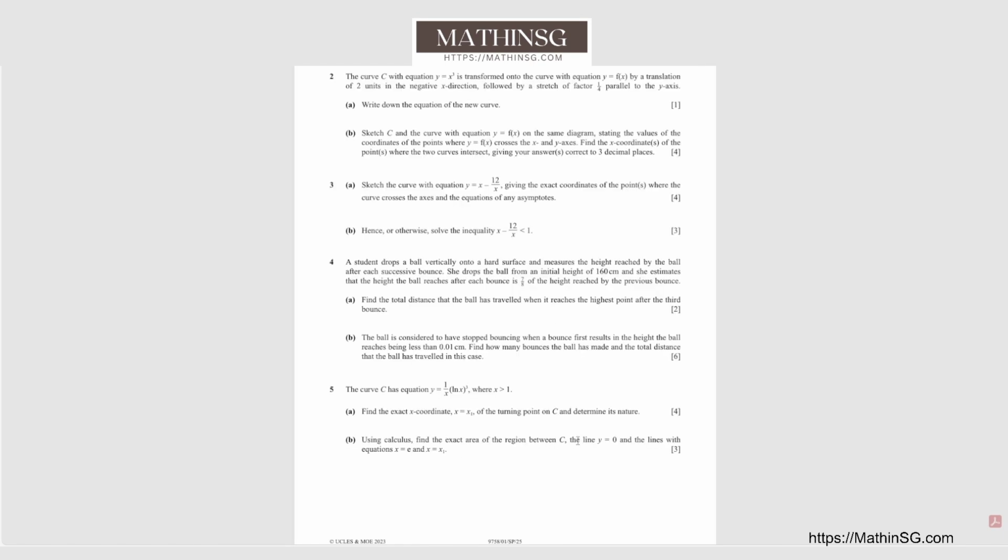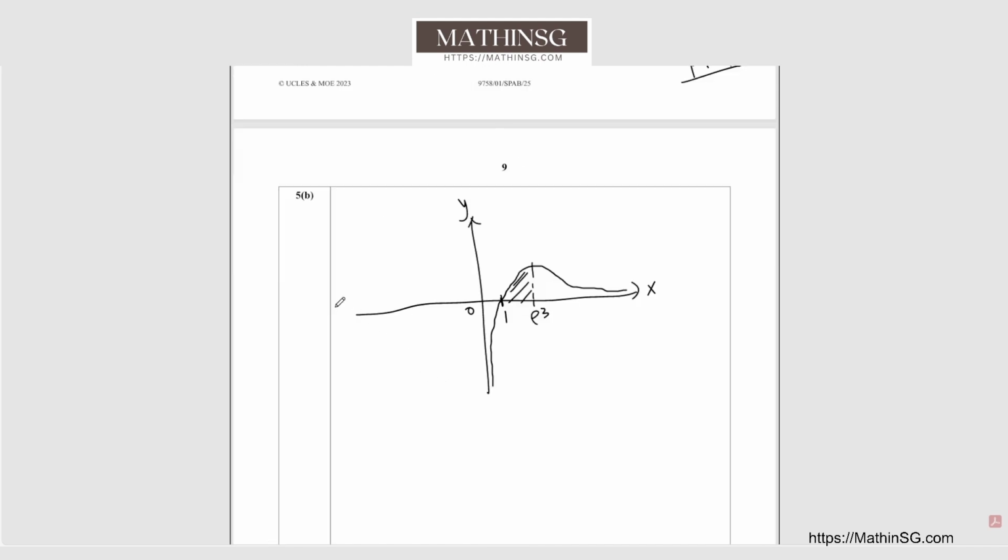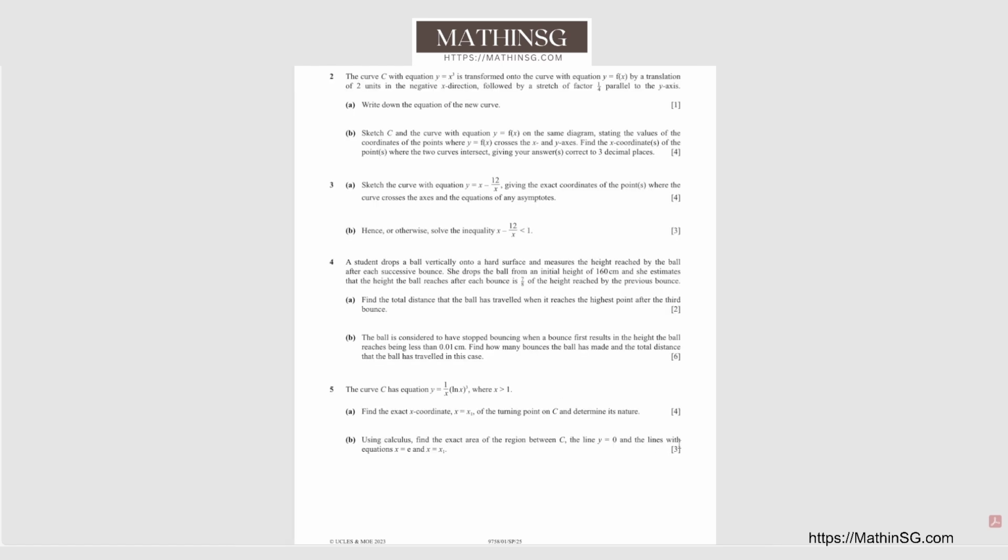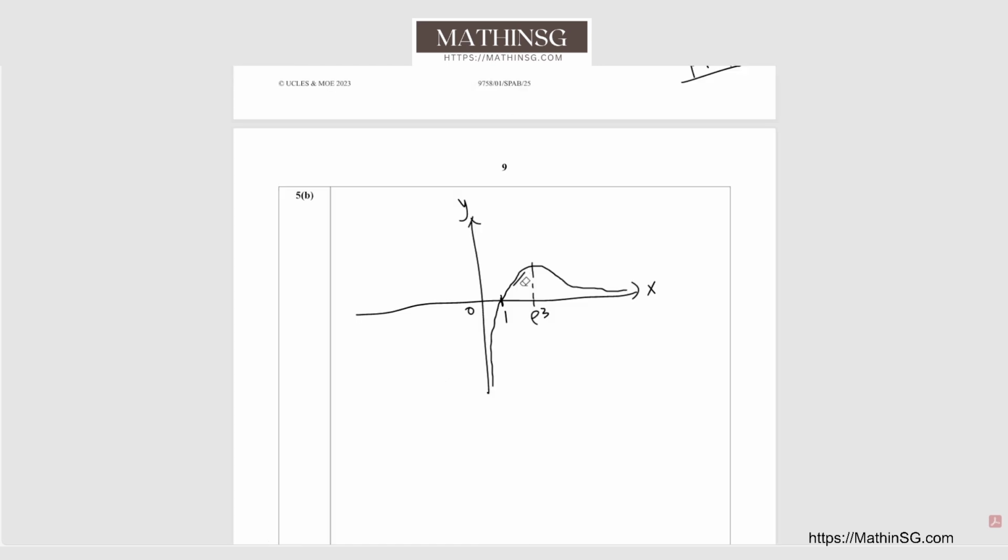The area between C, the line y equals 0, which is basically the x-axis, and the lines with x equals e and x1. So it's from here, e, probably somewhere around here, and then e cubed.